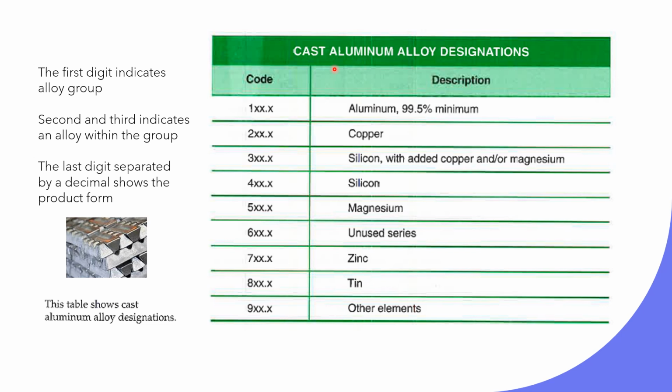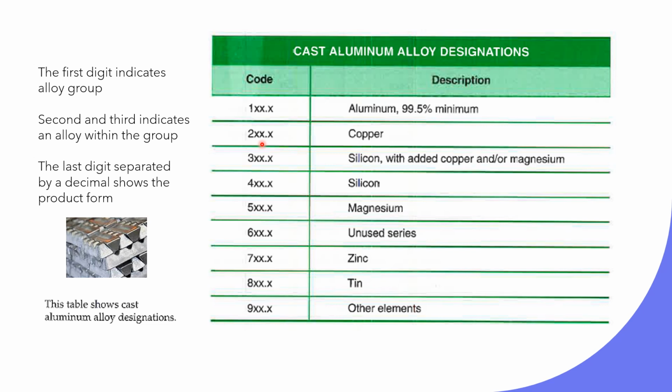So the first digit indicates alloy group. We have a 1, 2, 3, 4, all the way to 9 series. If you get 5 series, that's magnesium alloy element added to aluminum. That's how you read it. The second and the third digits indicate the alloy within the group.